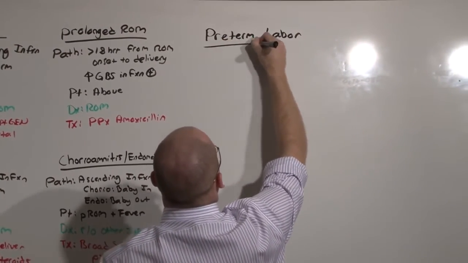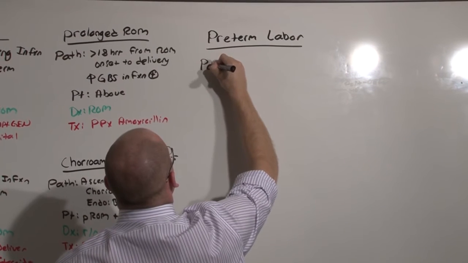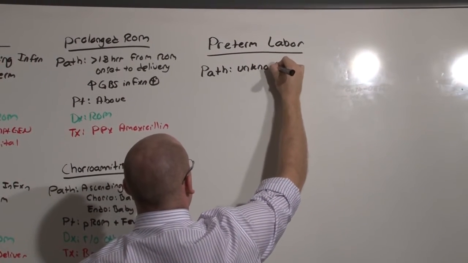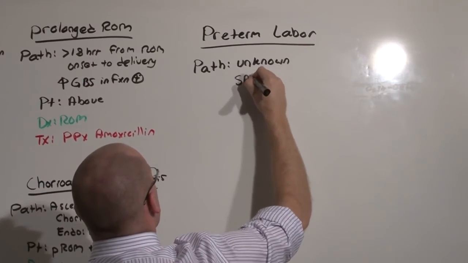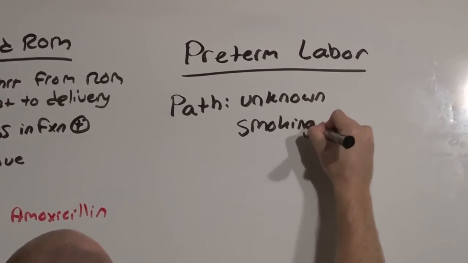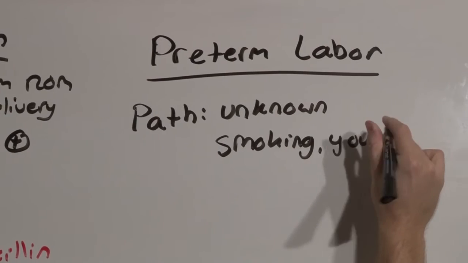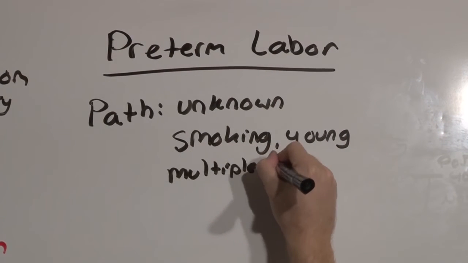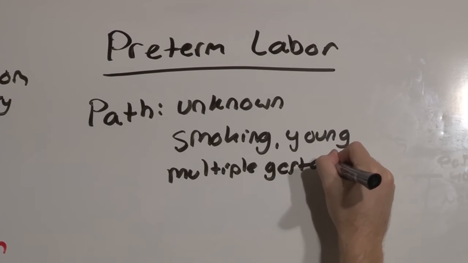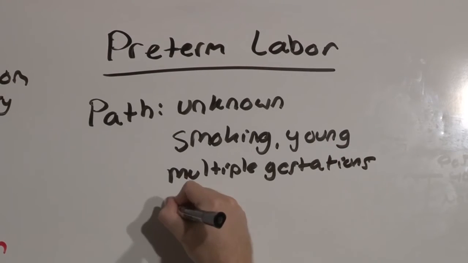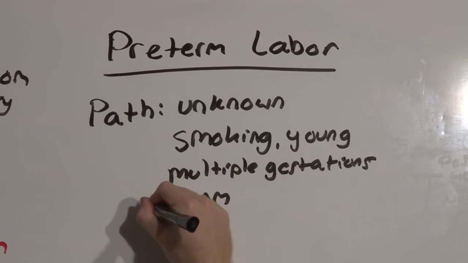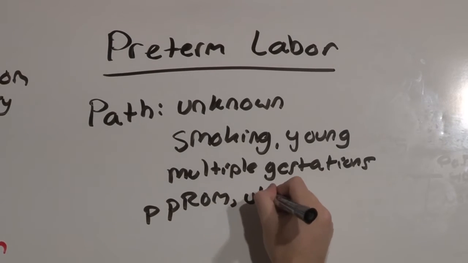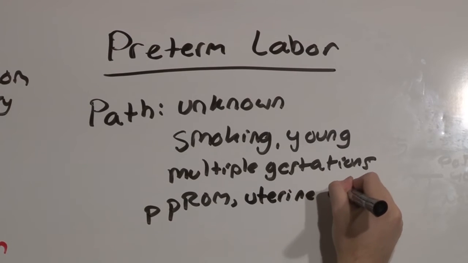Preterm labor can occur for a whole variety of reasons. The pathogenesis is essentially unknown, but risk is increased when women are smoking, when mom is very young, generally less than 20 years old, when there's multiple gestations, or there's been premature preterm rupture of membranes, or abnormal uterine anatomy.